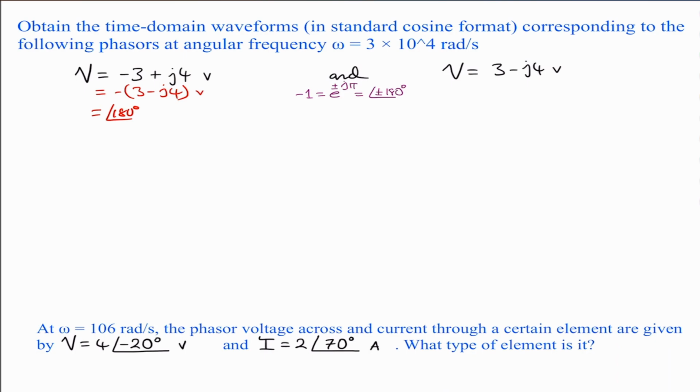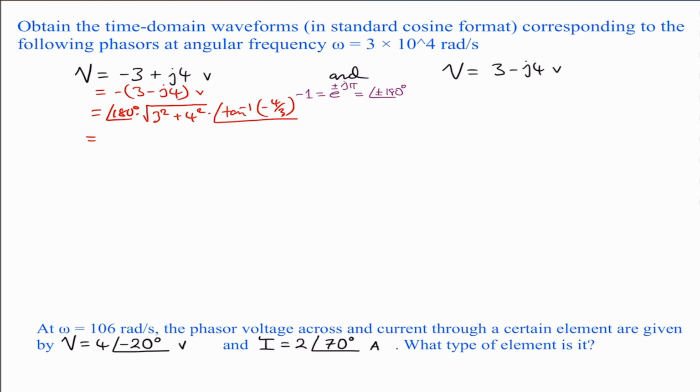We then go ahead and write the magnitude of our complex number, because we're writing this in complex and polar form, and then we'll convert the polar form to the time domain. So the magnitude is the square root of 3 squared plus 4 squared, and that's multiplied by our angle. We get the angle by inverse tangent, which is going to be negative 4/3.